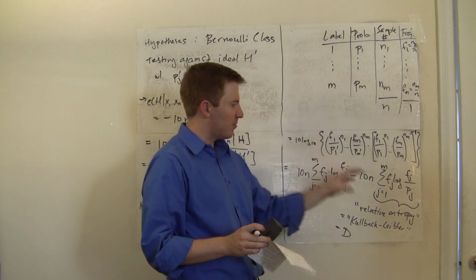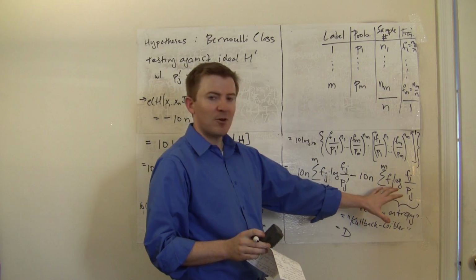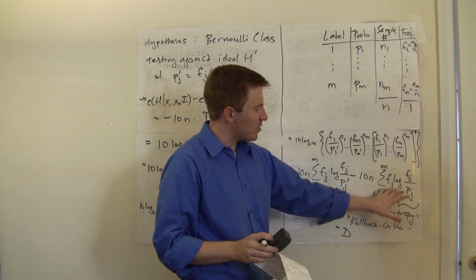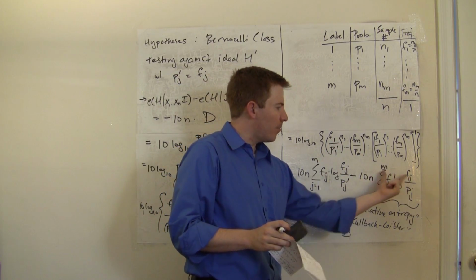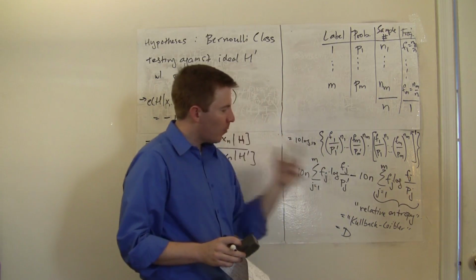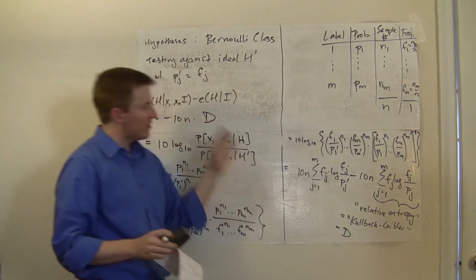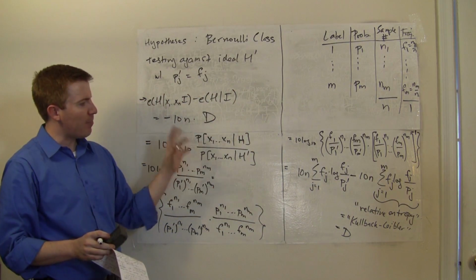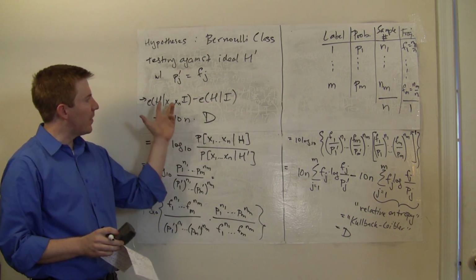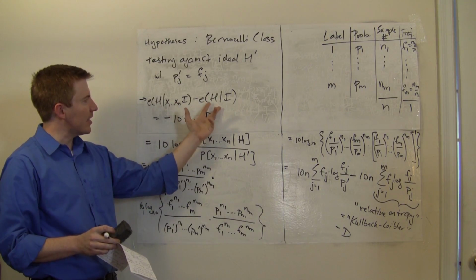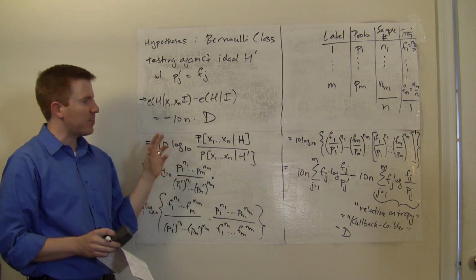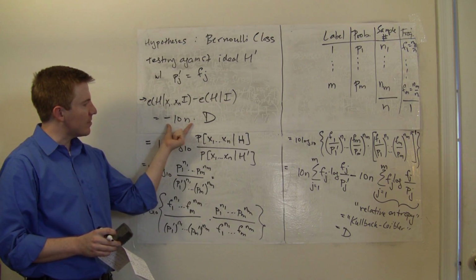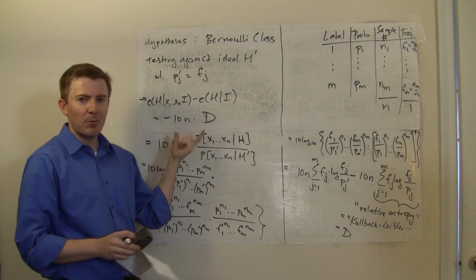Okay, so this is the essence of this relative entropy term, and we don't need to think about it too much, but just plant it in your mind that it's a handy way of summarizing a kind of distance from one distribution to another. In this hypothesis testing example anyway, the evidence for a hypothesis in the Bernoulli class, tested against the best possible one, just scales linearly with the number of samples.